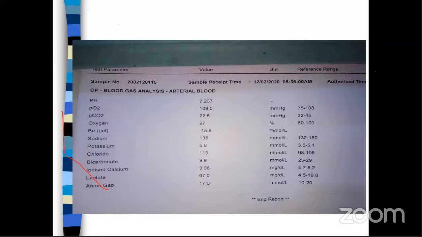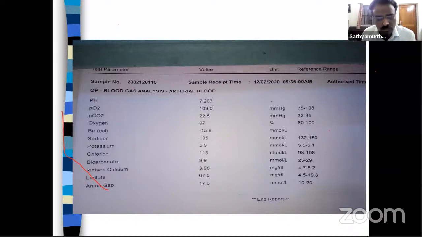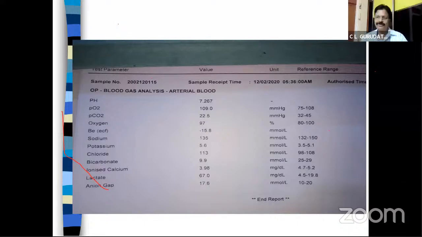Now we go with the formula: hydrogen ion is equal to PCO2 into 24 divided by bicarb. For example, PCO2 is 40 into 24, divided by 24 which is normal bicarb, so you will have a hydrogen ion concentration of 40.